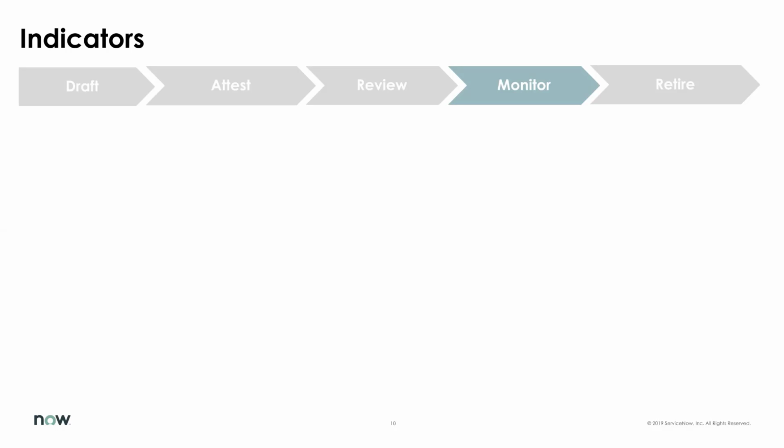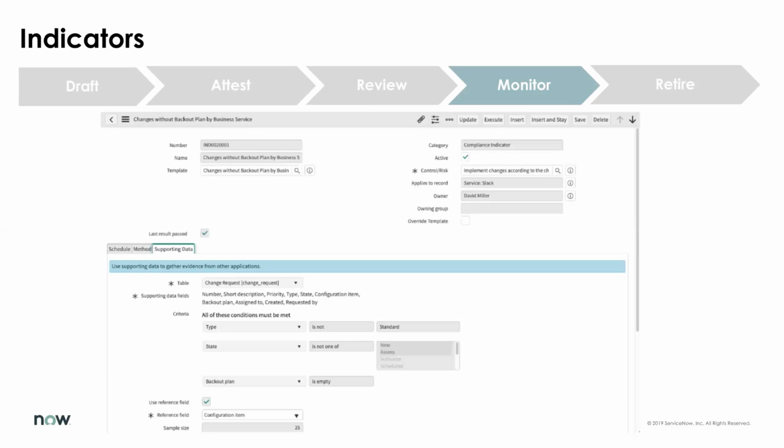ServiceNow has a couple of different types of indicators. It has a manual indicator, and a manual indicator will mimic what is happening in today's world where the emails are being sent and the logs are being checked. In our example of the license renewals, it could be, hey, go pull your latest spreadsheet and compare it against the actual licensing dates.